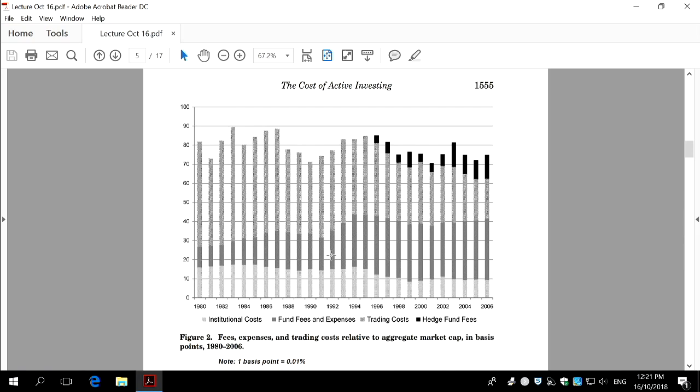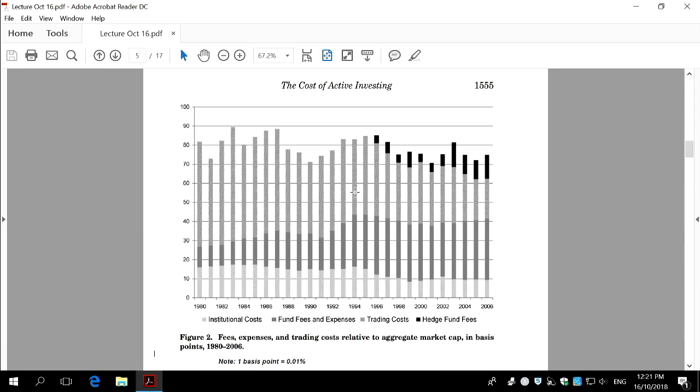You can see the individual components have some long-term trends. For example, this corner means the trading cost. The trading cost shrank a lot from 40 years ago all the way to 10 years ago. It's still shrinking today because of technology advances.